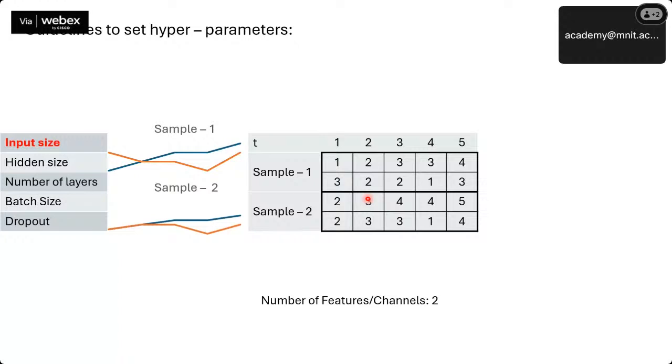But let's say you have a bigger data set. In that case maybe you'll need a lot of different hidden sizes. Let's say you have a very stochastic data set, like a biopotential signal data set.